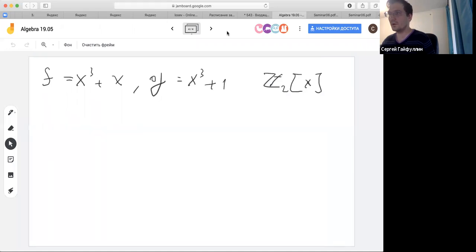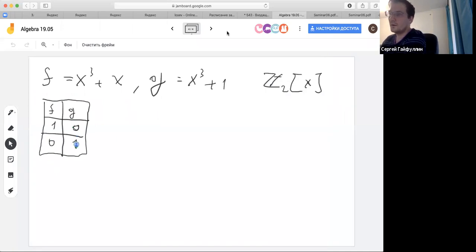First of all, I want this table: F, G, and 1, 0, 0, 1.